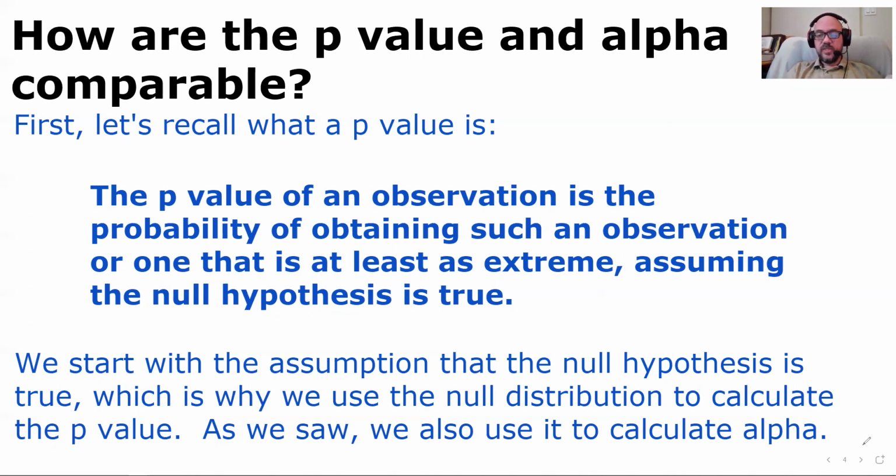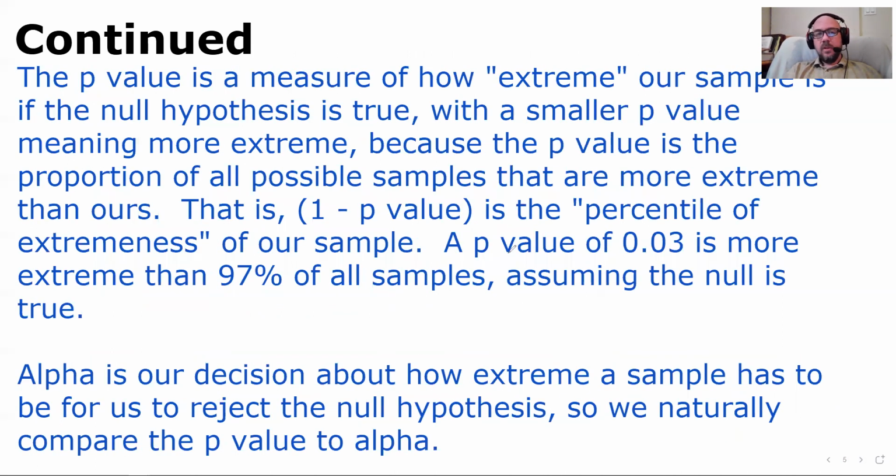Now, why do we specifically want to compare those two things? Right, because there are other probabilities on that distribution too. The way to think of a p-value is that it's a measure of how extreme our sample is if the null hypothesis is true, with a smaller p-value meaning more extreme, because the p-value is the proportion of all the samples that are more extreme than the one we actually got.